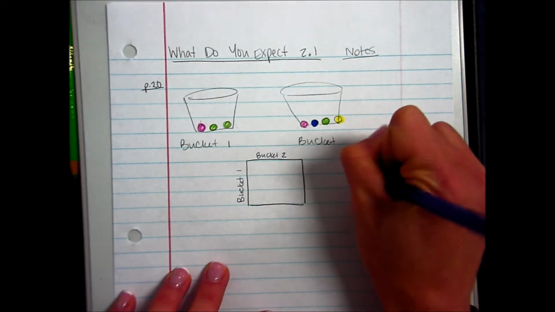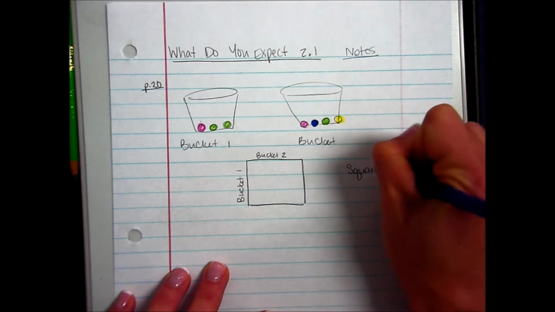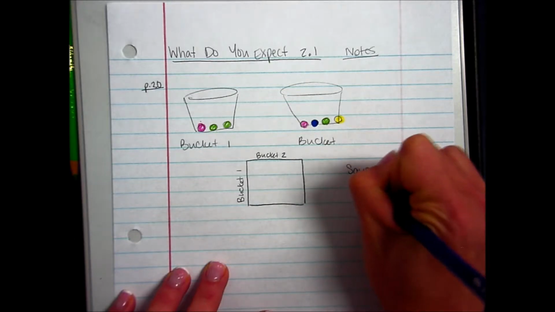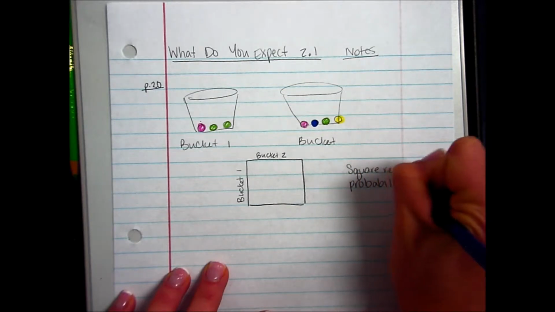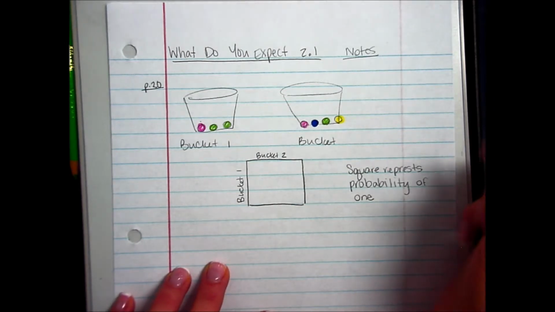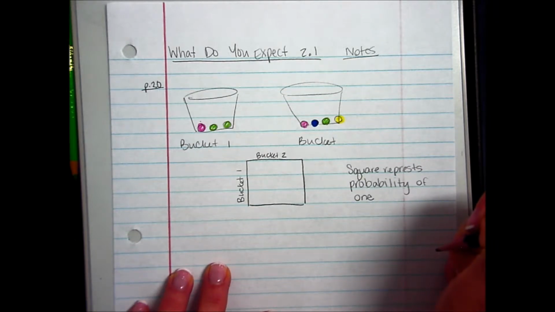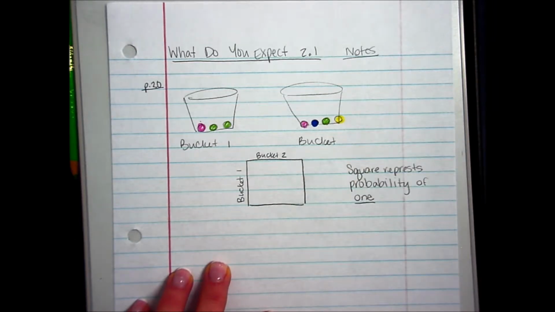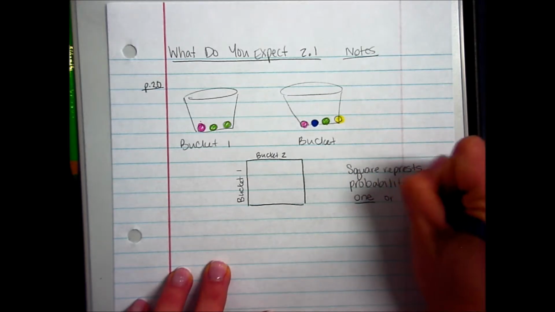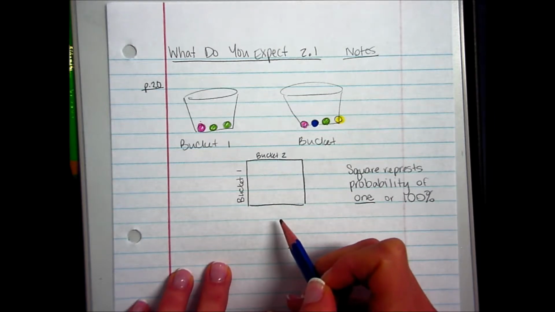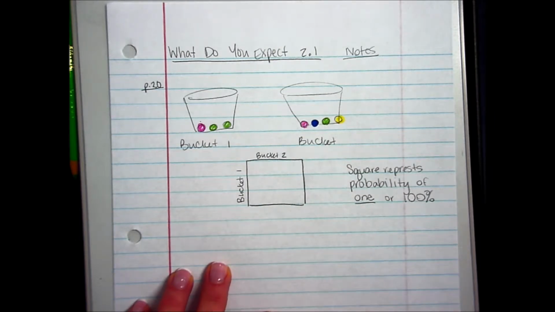The square represents probability of 1, so that's 100%. If the entire square is filled in, that would be 100% chance of your event happening.